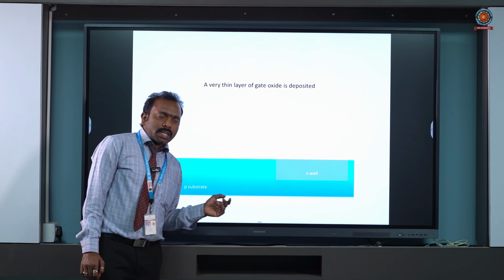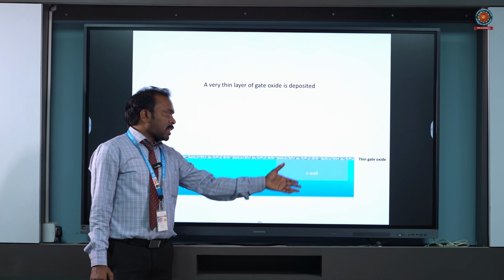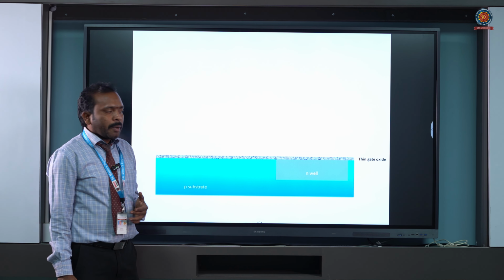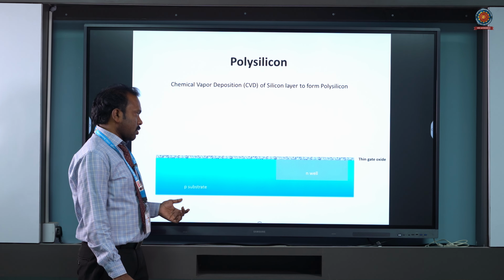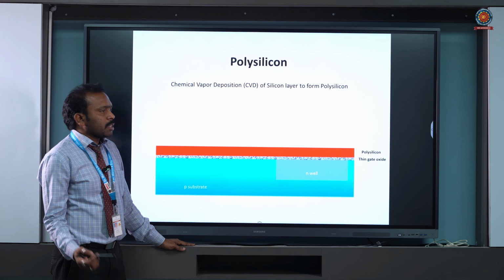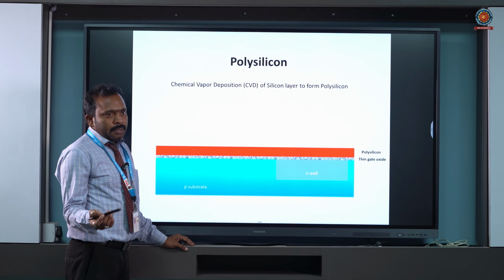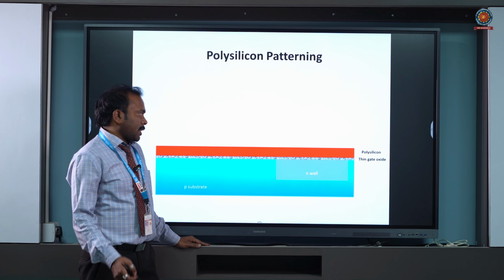As we know, CMOS consists of both NMOS as well as PMOS transistors. So in this single substrate I need to fabricate PMOS as well as NMOS transistors. For that purpose, as we know, a PMOS transistor consists of the terminals called source, drain and gate, and the NMOS also consists of source, drain and gate.